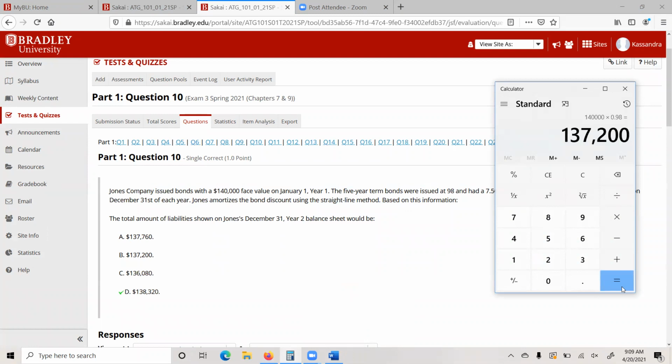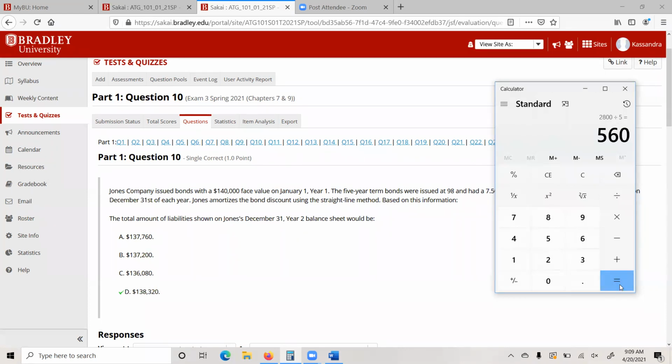Cash received for those bonds would have been $137,200. So subtract the cash received from the actual bond face value, and the discount would have been $2,800 to be amortized over the life of the bonds, which the problem told us was 5 years.